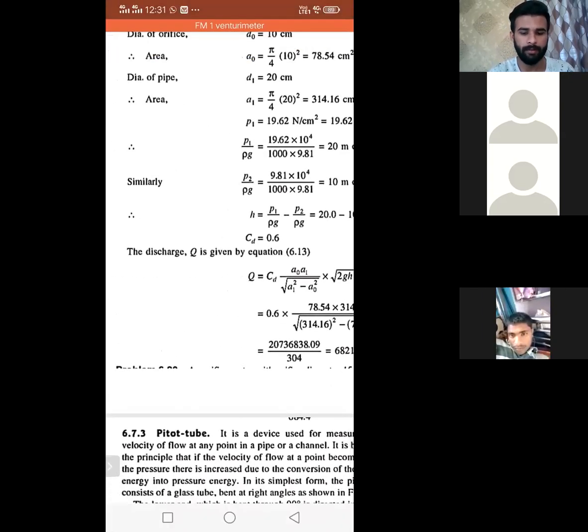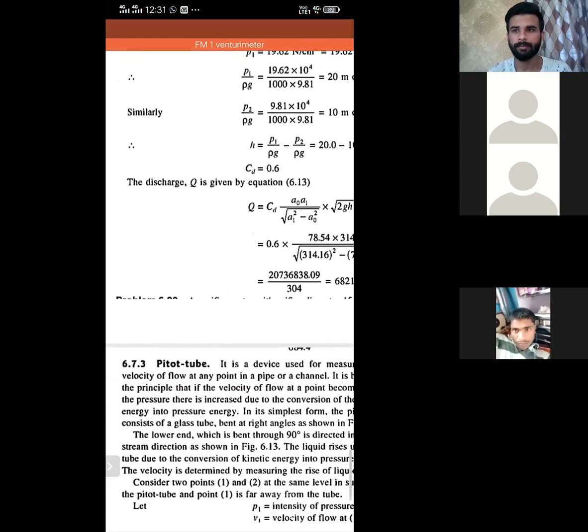Then calculate discharge from the equation: CD multiplied by A0 A1 upon square root of A1 square minus A0 square, multiplied by square root of 2GH. Put all values in this equation and calculate the value of discharge.